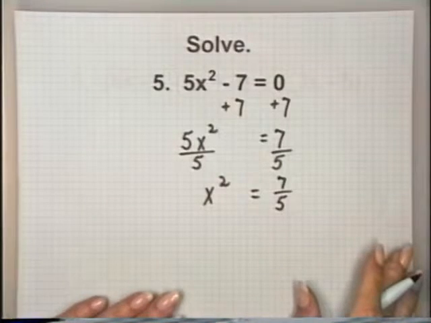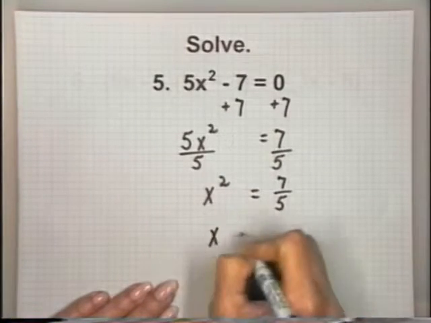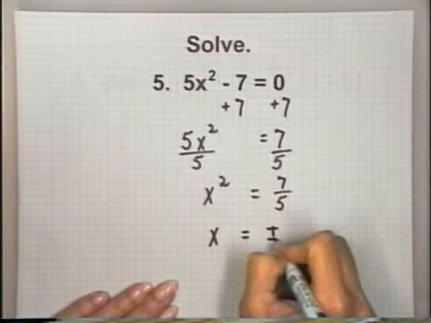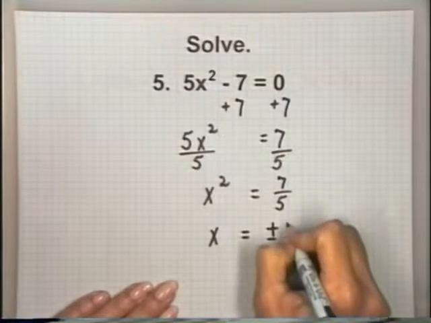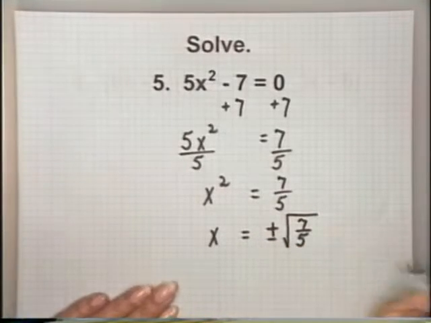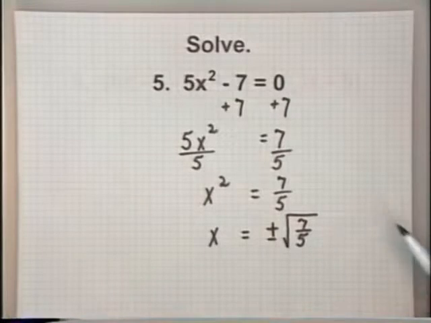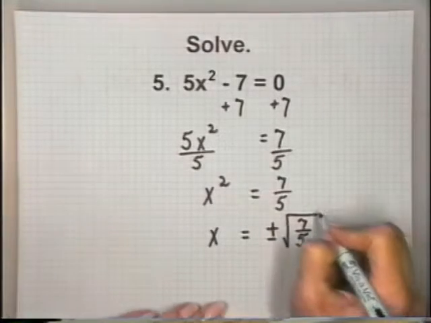Let's use our extraction of roots theorem, which says that x equals plus or minus the square root of 7/5. Now, we are not going to leave this fraction under the radical. We need to simplify.